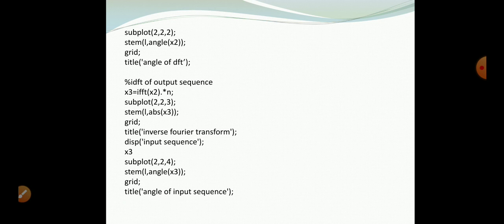Subplot 2, 2, 4 is used to represent the fourth figure as the angle of the input sequence. Here x3 is the input sequence. After taking the inverse discrete Fourier transform of the output sequence, we get the input sequence. To represent the angle of the input sequence, we use stem of L comma angle x3, and for the figure we are using grid and title.